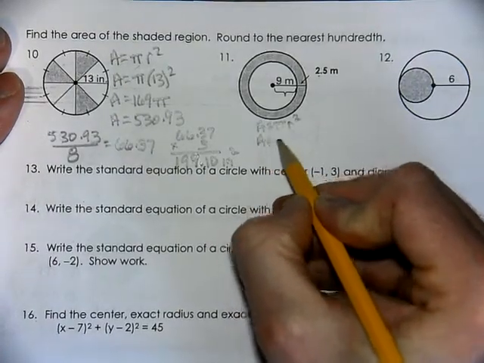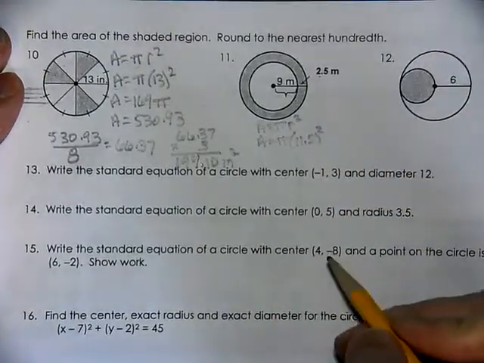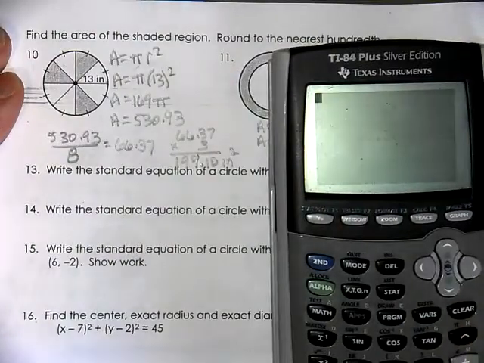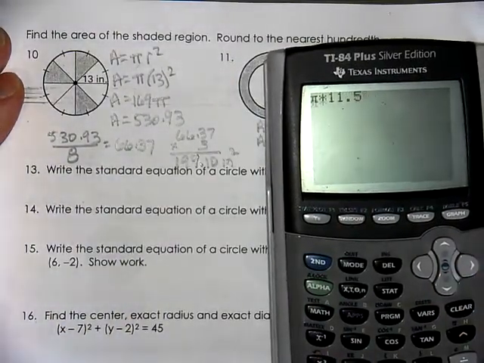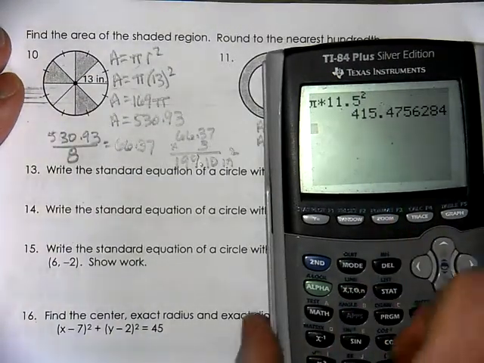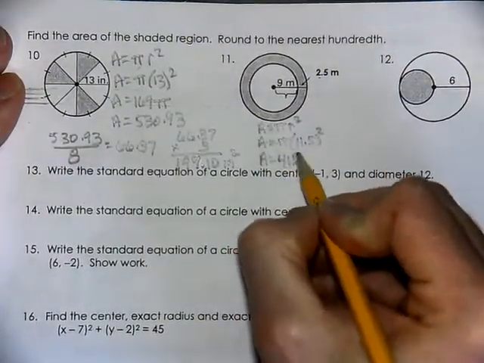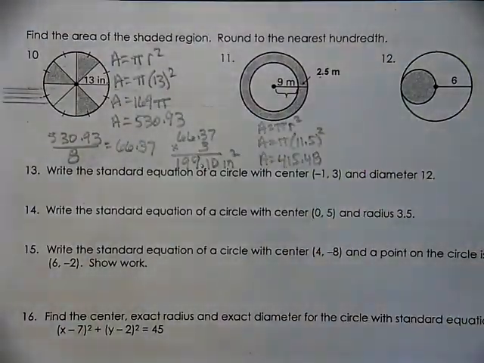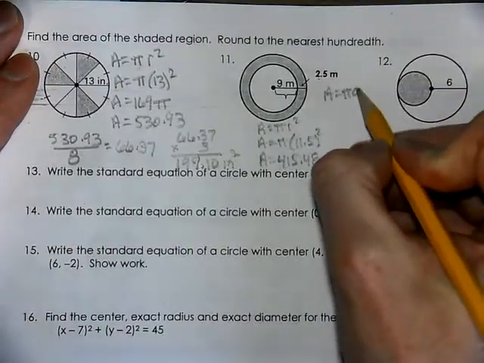So we're going to say pi times 11.5 squared, that gives us 415.48. That's our big circle. Now what we're going to do is find out the area of the smaller circle.